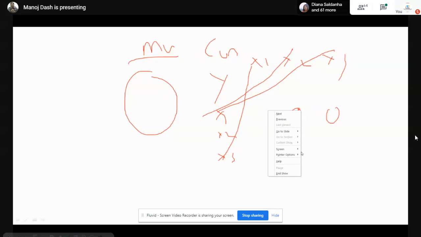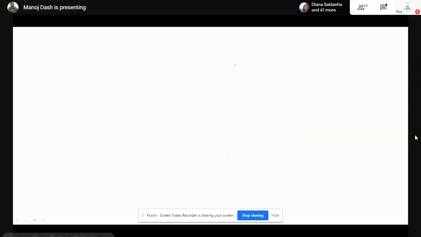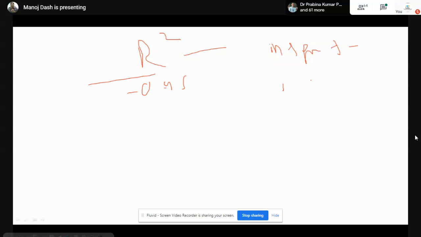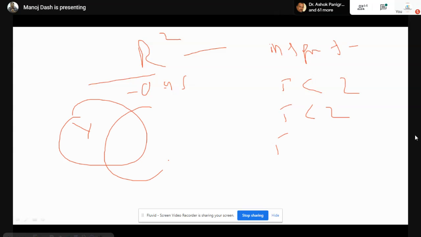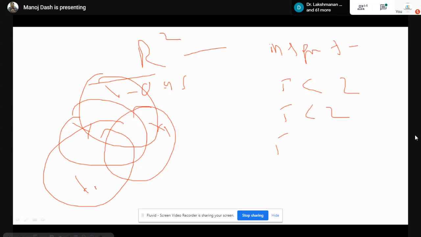Clear? Number one, high correlation among independent variables. Second, if R square is high and the T ratios are insignificant. What did I say? R square is 0.95 and all T are less than 2. Then there is some problem. This is Y, this is X1, this is X2, this is X3. R square will be high, but X1, X2, X3 are not significant because T is less than 2.